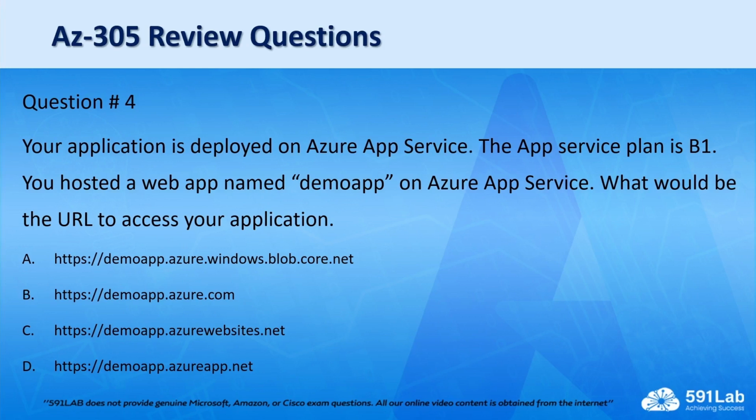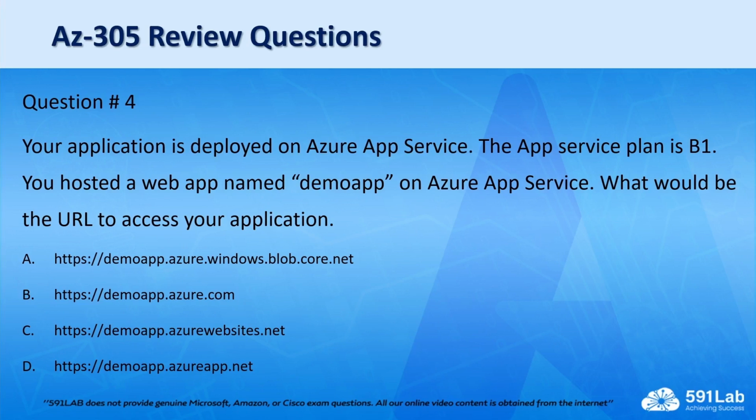Fine. So your web app name is Demo App on your Azure App Service. So how are you going to access this? In our lab, we have seen there are two ways to access the application once it is hosted on Azure App Service.